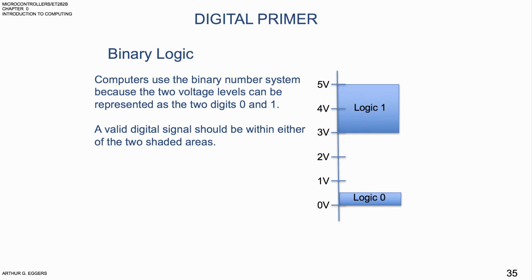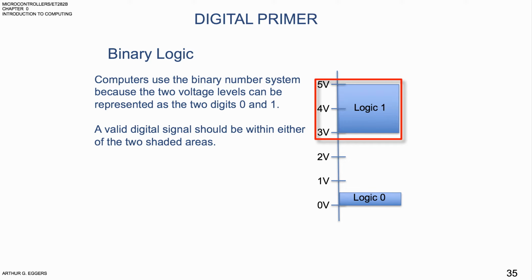You'll recall that binary logic, 1 and 0, really has a correlation to a physical voltage level. Computers use binary systems because the two voltage levels can be represented as a 0 and a 1. And you can see that for a logic high, there's a threshold.